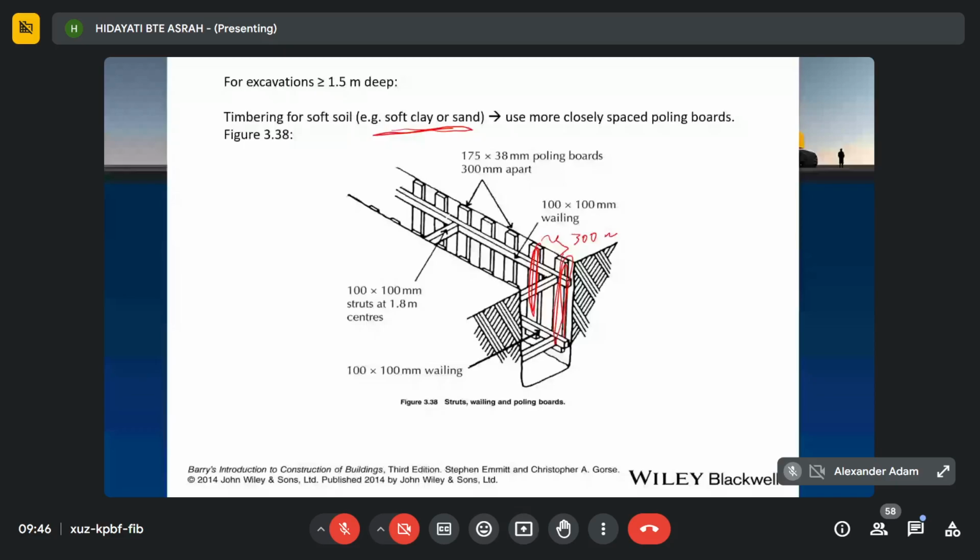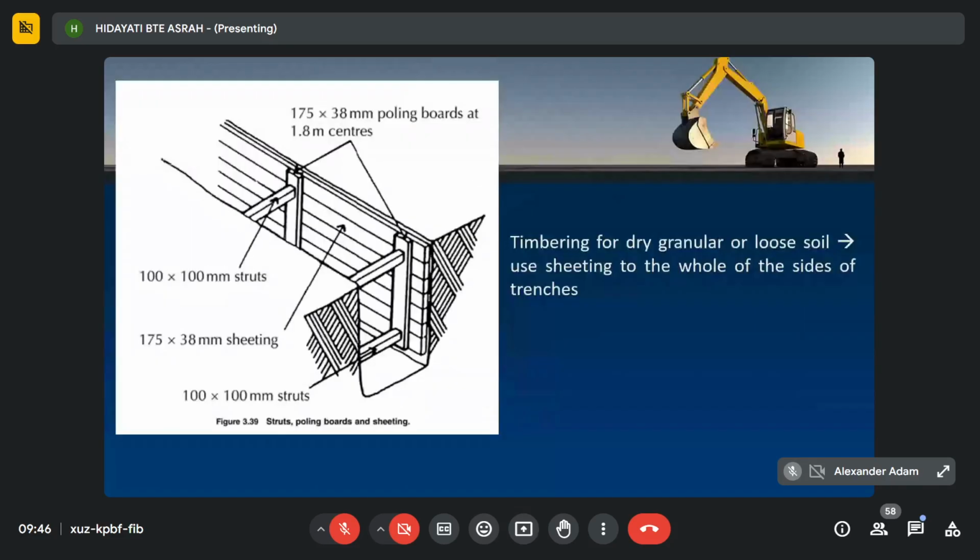Okay, so the third one, for dry granular or loose soil, the trench timbering, this one is suitable for you to use sheeting. So similar with the sheeting box that we see just now. So this is a sheeting method. You put sheeting to the whole side of your trenches, because you're dealing with dry granular or loose soil.